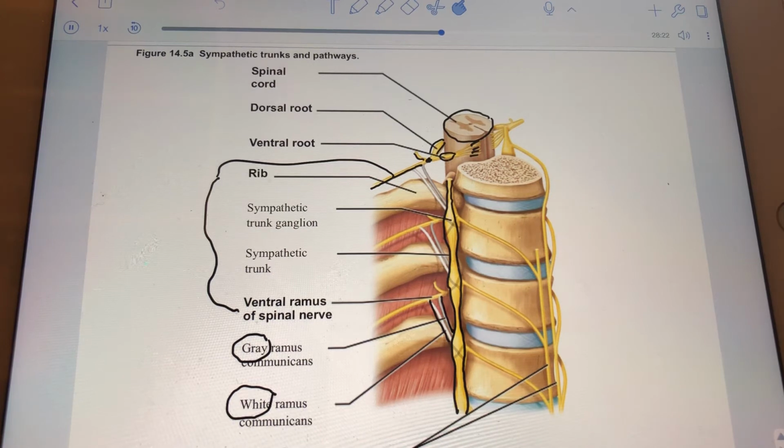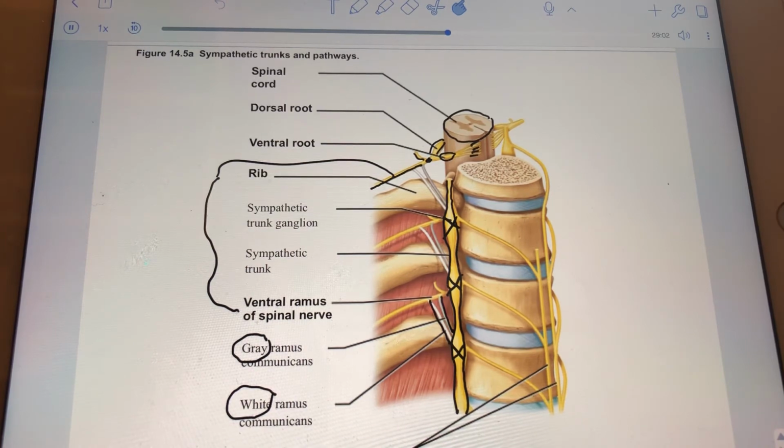If we think about what white matter means, axons, and what gray matter means, cell bodies and dendrites, we might be able to infer which neuron is housed where. And we might also be able to infer that preganglionic and postganglionic neurons are synapsing here in the sympathetic trunk ganglia, at least for most of the sympathetic system, okay?